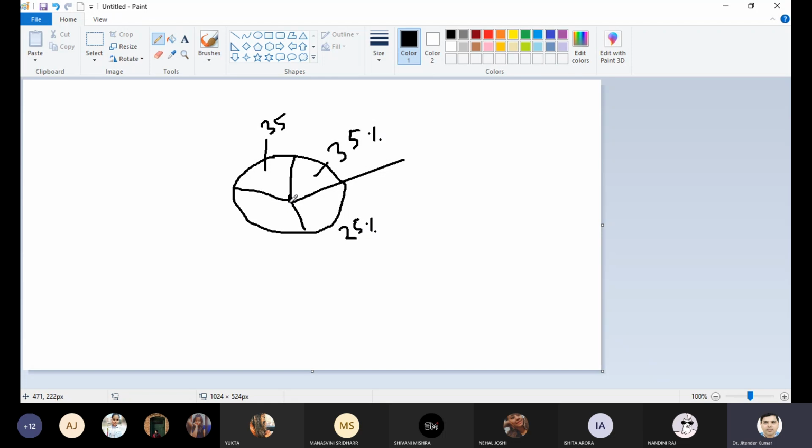So this should be a bit less, 10%. Like that you can show the pie chart. So a pie chart is again used for different categories, and you show proportions. The size of the slice is proportional to the percentage or proportion of the data.